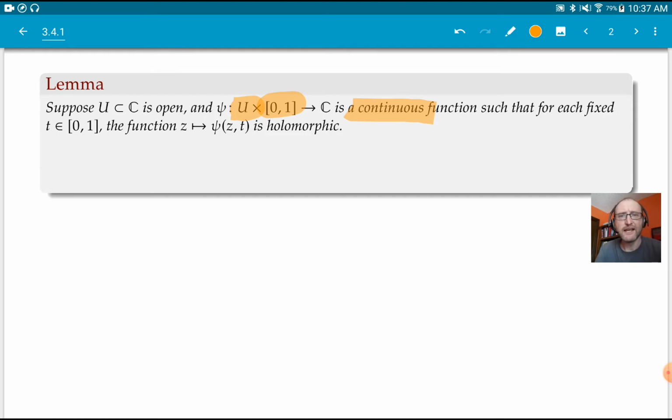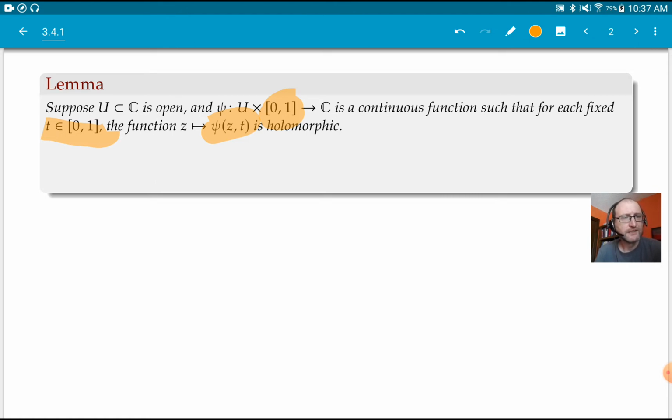And suppose, this is the only other thing that we're going to assume about it, that for each fixed t, so fixing the second variable, the variable in [0, 1], the function that takes z to c(z, t) is holomorphic.